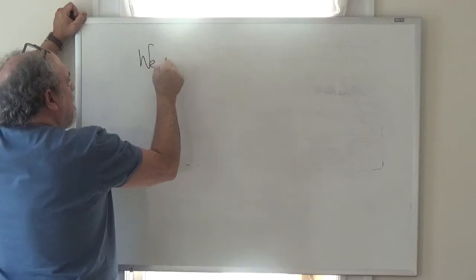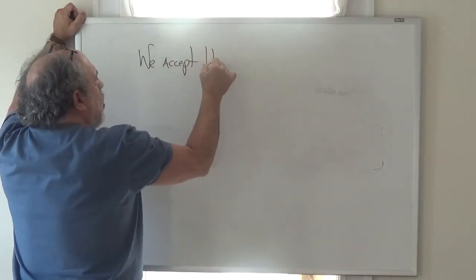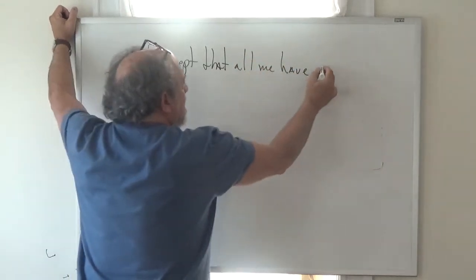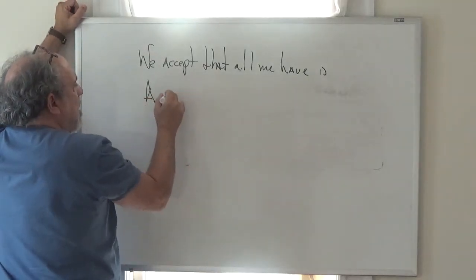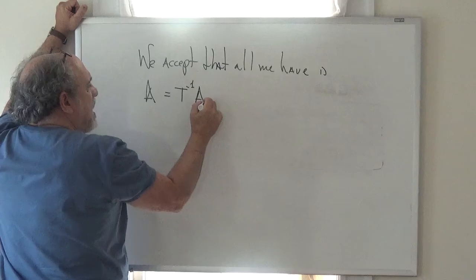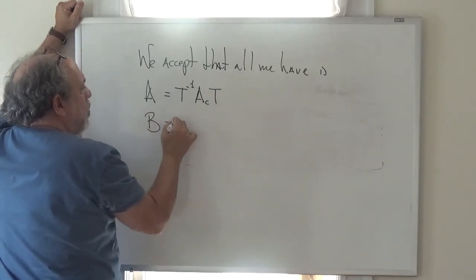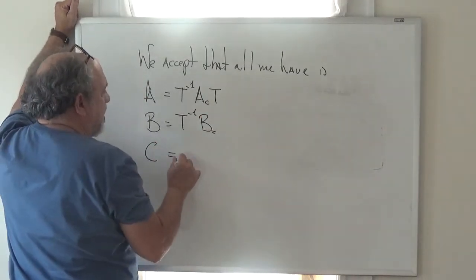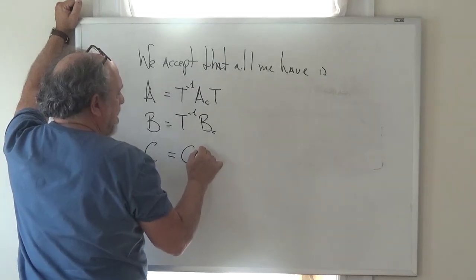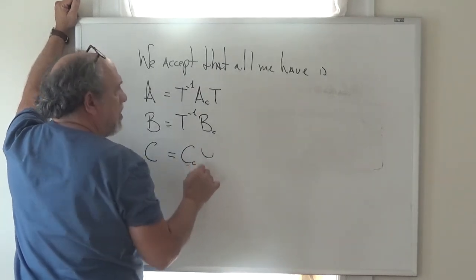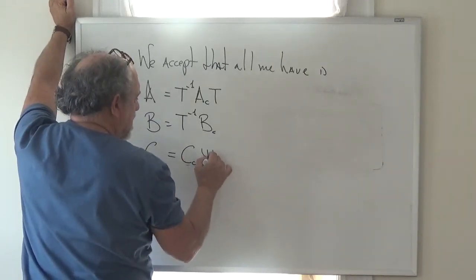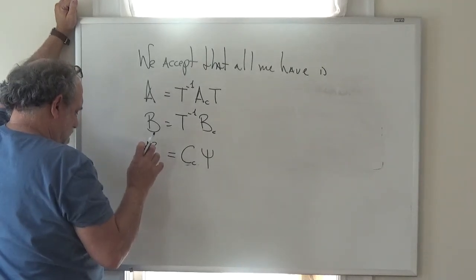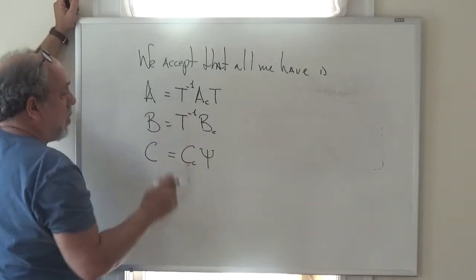We accept that all we have is some A, which is t to the minus 1 times AT, some B, which is t to the minus 1 times B, some C, which is equal to C times, what did I call it, phi like this? Probably use that notation.